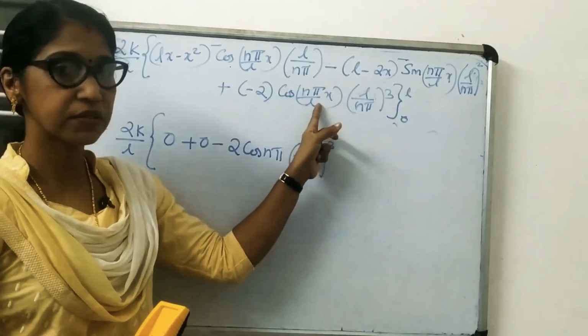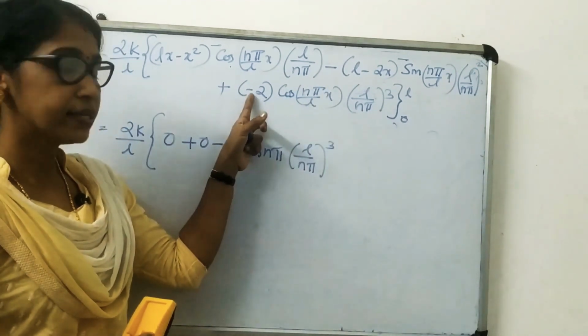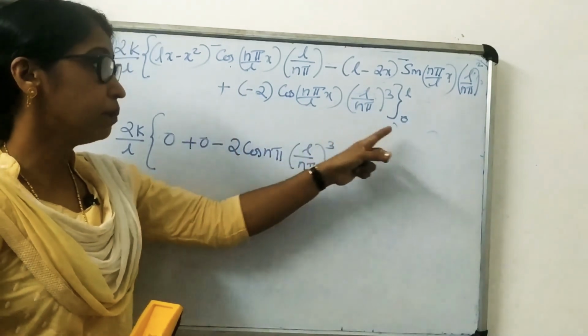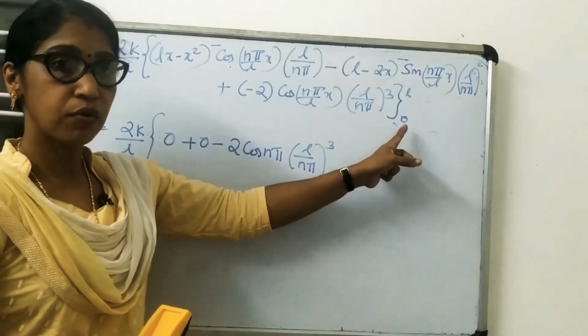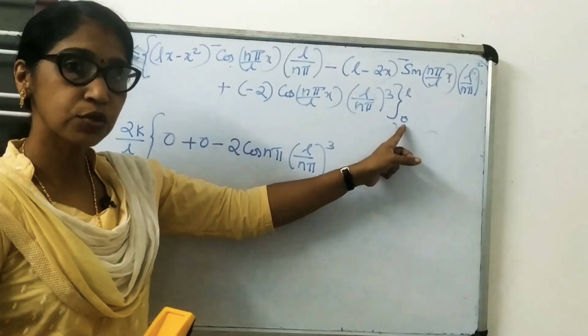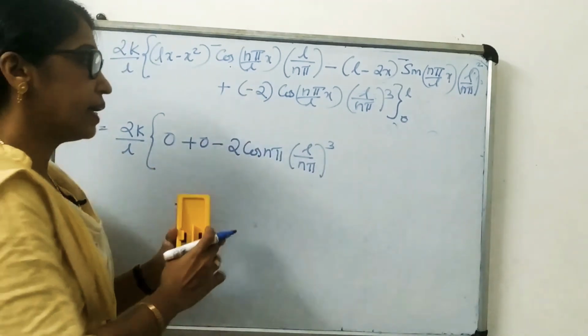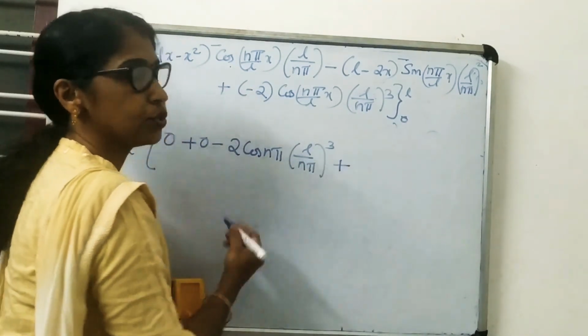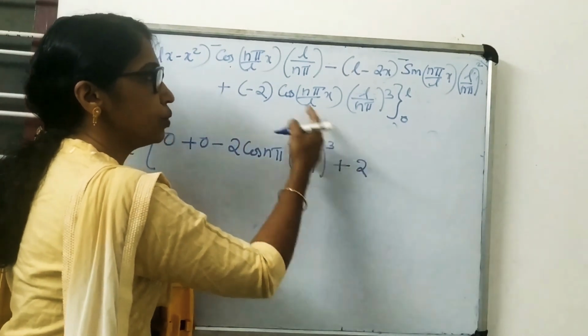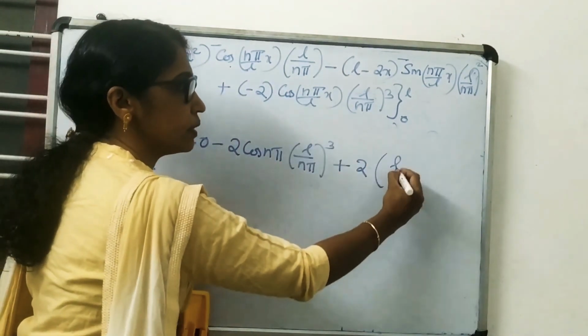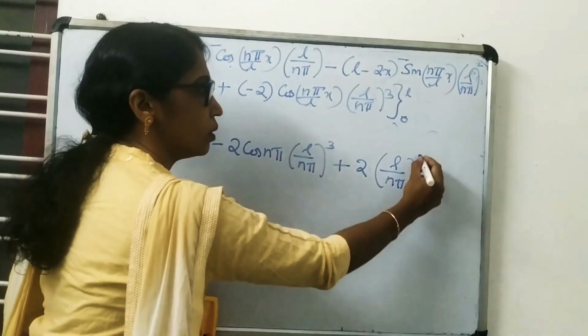So this term becomes 1, and here it is a minus sign, and minus of the lower limit. Since I am putting this lower limit, two minus signs come here and this becomes positive. So plus 2 into cos 0 becomes 1 and this becomes L by n pi the whole cube.